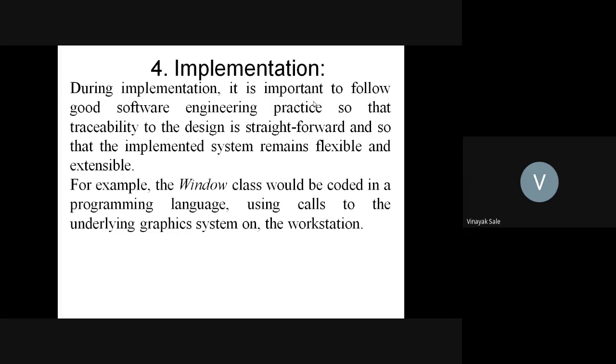During implementation, it is important to follow good software engineering practice so that traceability to design is straightforward and so that the implemented system remains flexible and extensible. For example, the window class should be coded in a programming language using calls to the underlying graphics on the workstation.